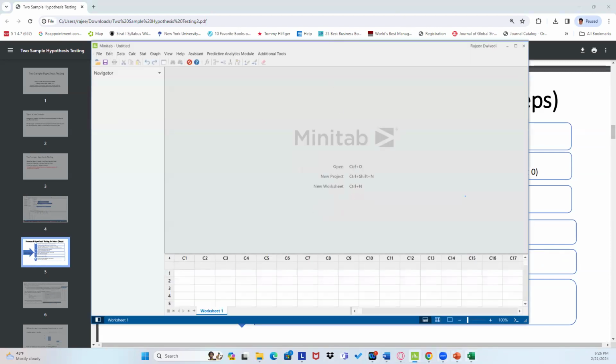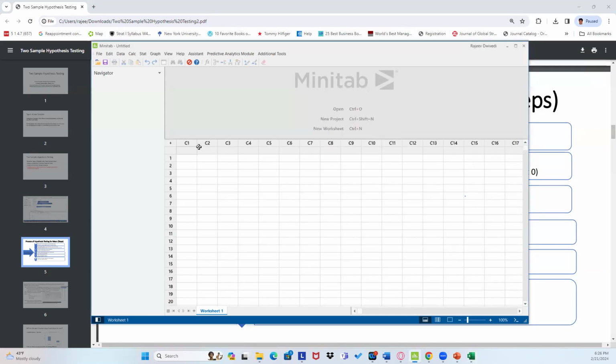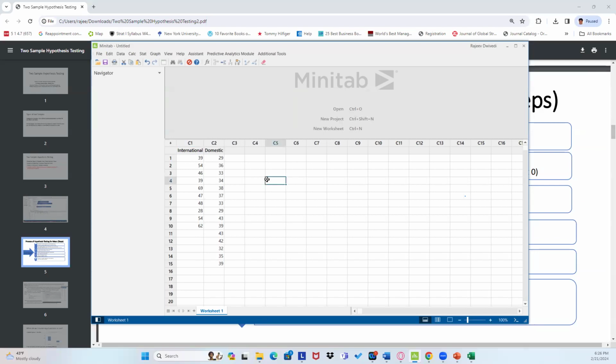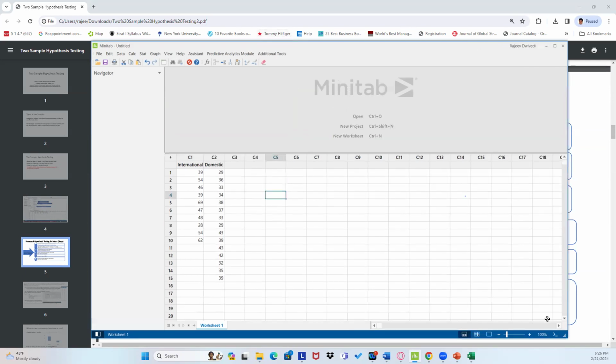And I think the very first example is international and domestic. Here you go. So always remember, understand this data. Can you see my Minitab? Is Minitab visible to everyone? Yes. Perfect.